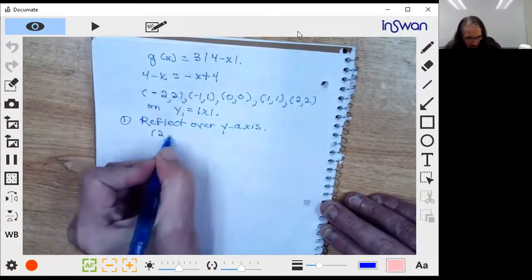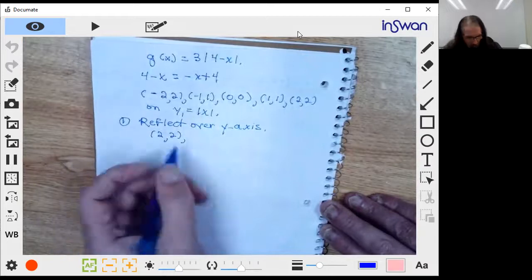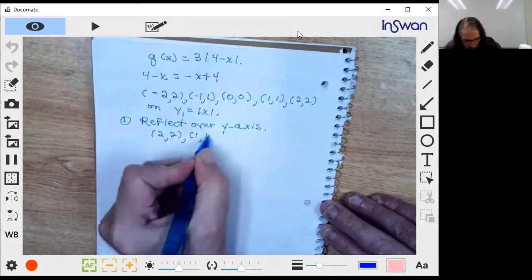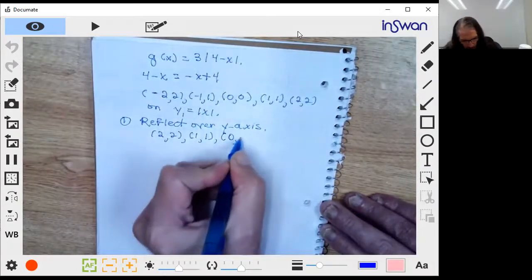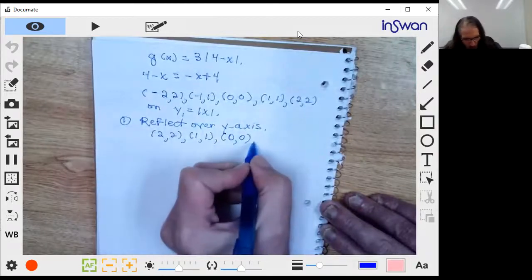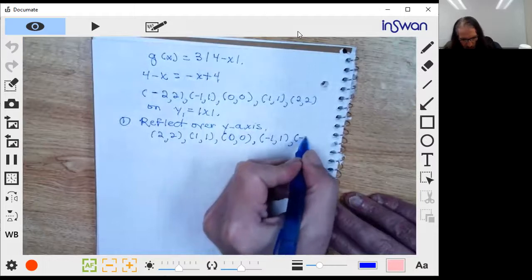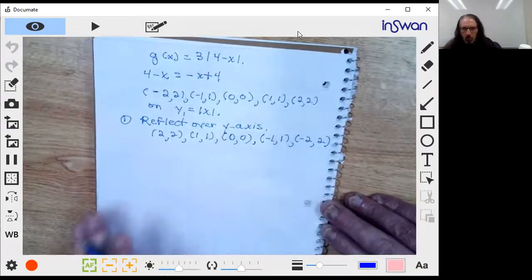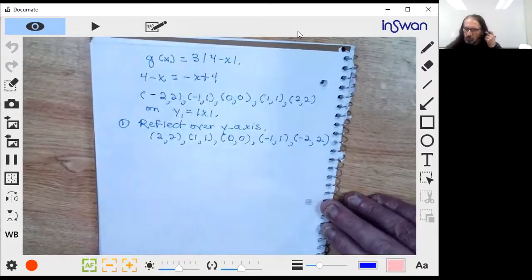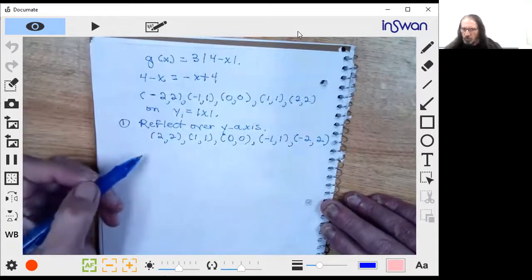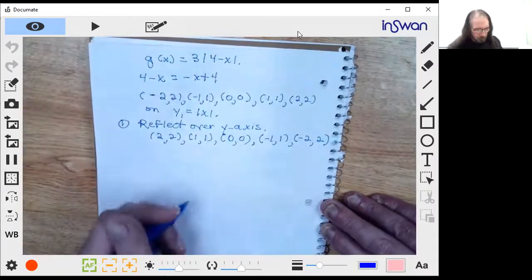However, that doesn't give us very much interesting if we were to graph these 5 new points, because y1 equaling the absolute value of x has y-axis symmetry. It's an even function. I have the same 5 points, just in a reverse order here.